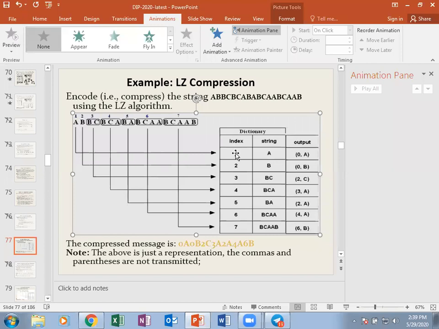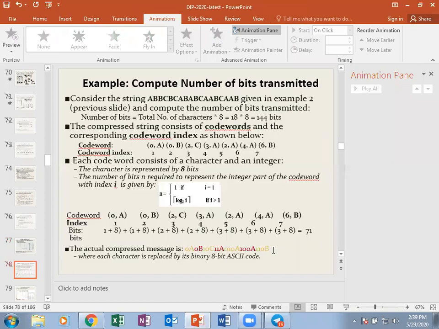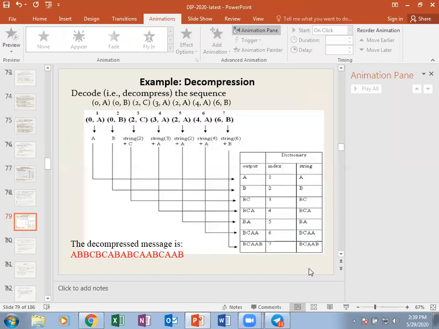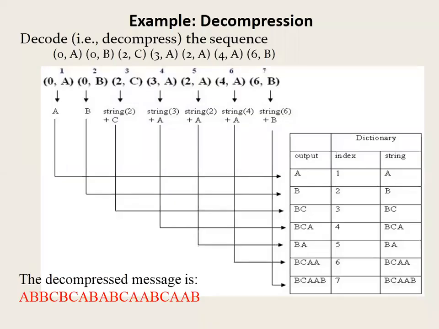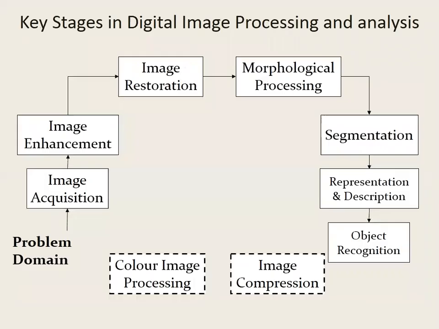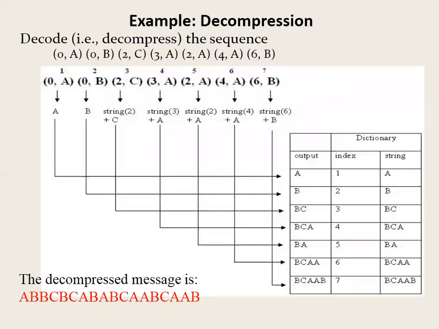Since automatically the index is generated, by referring to the index, we can convert the output into string. So there is no requirement of saving a code word table like the static coding, Huffman coding, and entropy coding. So with this advantage, it can compress for us whatever we need.